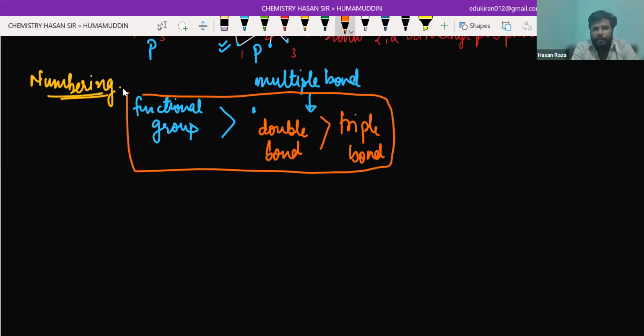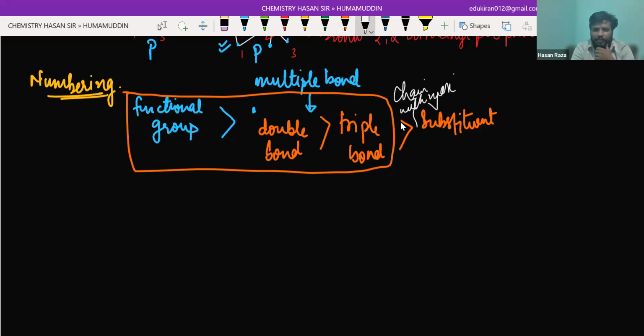This is for numbering. Okay. And then you will go for the substituent, and also for counting the number of carbons. Basically, the chain with maximum number of carbon. Chain with maximum number of carbon.